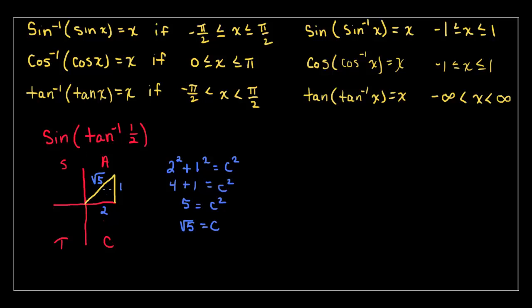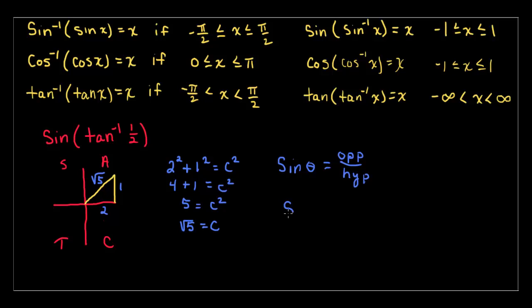Okay, this is the angle that has an inverse tangent of 1/2. Now we want to find the sine of that. Sine by definition is opposite over hypotenuse.